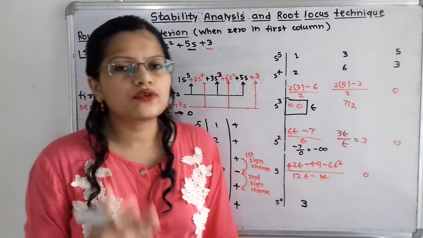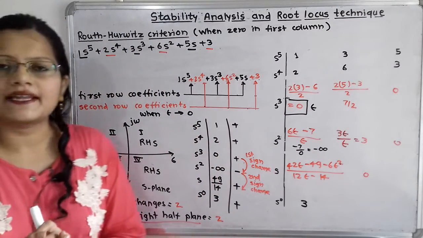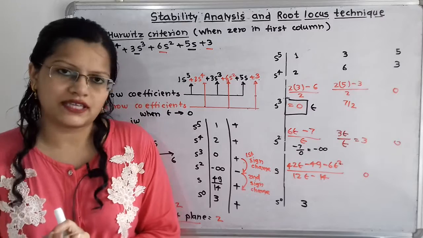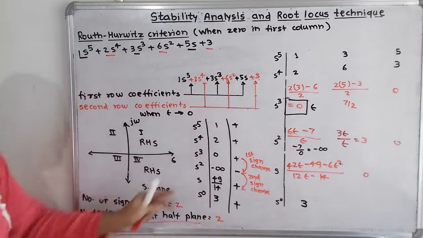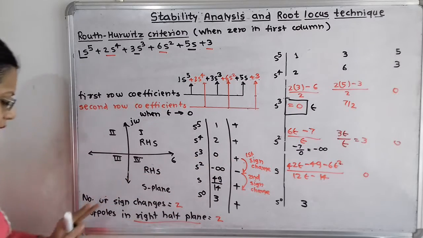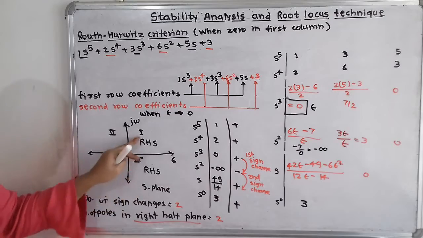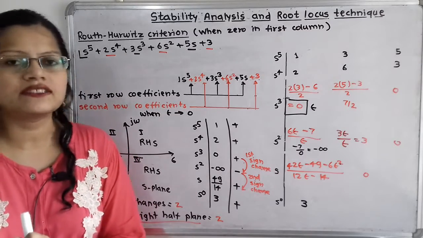So we know the rule, when the poles appear in the right half plane, then the system is unstable. So according to the Routh Hurwitz criterion, the number of changes in sign is equal to 2, and that is why the number of poles in the right half plane is equal to 2, and we can say that the system is unstable.